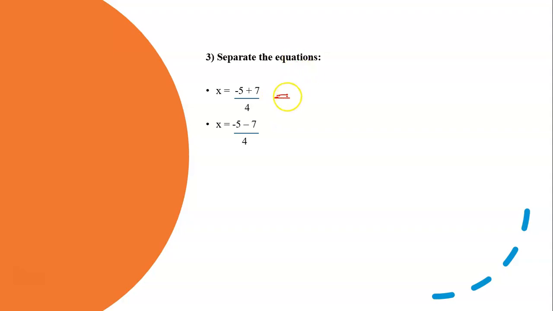On solving, minus 5 plus 7 is 2 by 4, and on further simplifying, we'll get 1 by 2. And here we'll get minus 5 minus 7, so we'll add them and use the sign of the bigger number. So minus 12 by 4, and that gives minus 3. So on solving, we'll get x equals half or 0.5, and x equals minus 3.